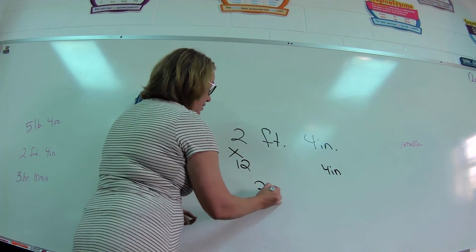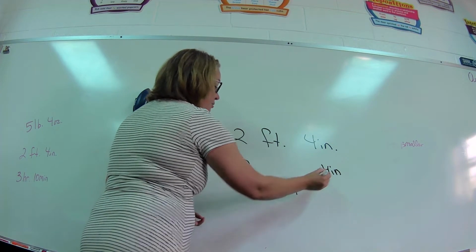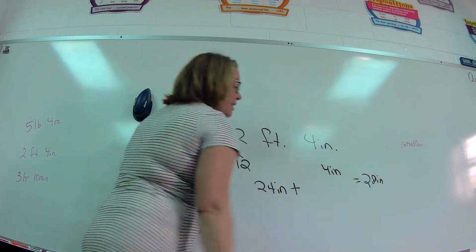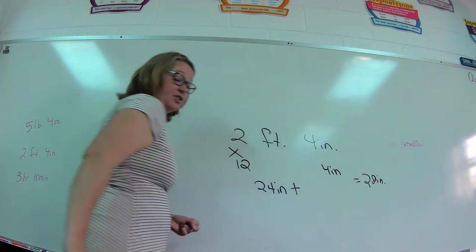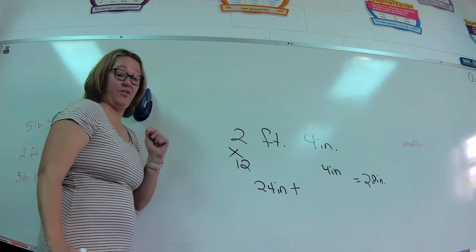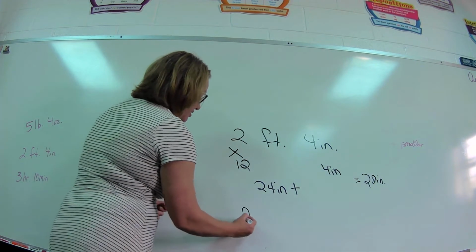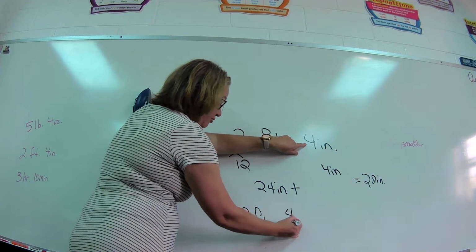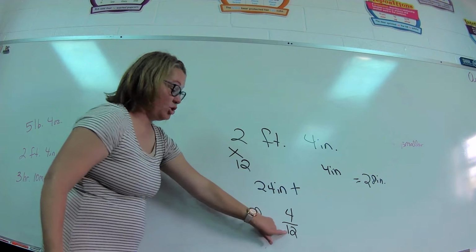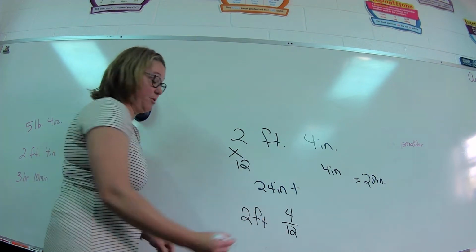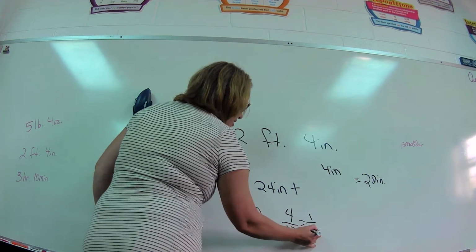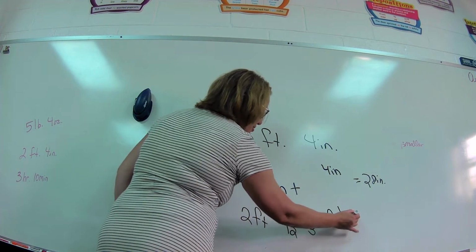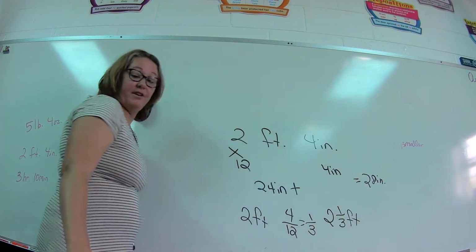This is going to give you 24 inches plus 4 inches, which gives you 28 inches. Now, let's go to the larger unit, which is feet. So feet is going to stay 2 feet. 4 inches is 4 out of 12 inches. This will be reduced to 1/3. So it gives me 2 1/3 feet.